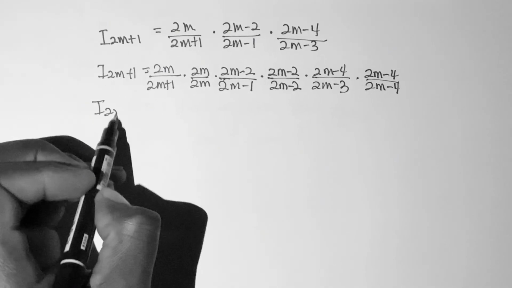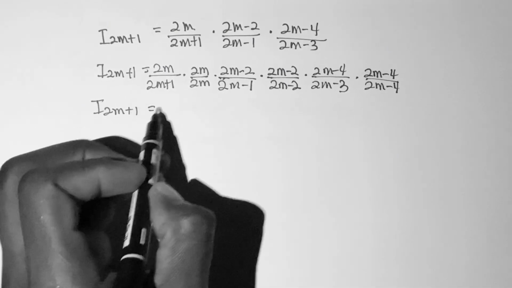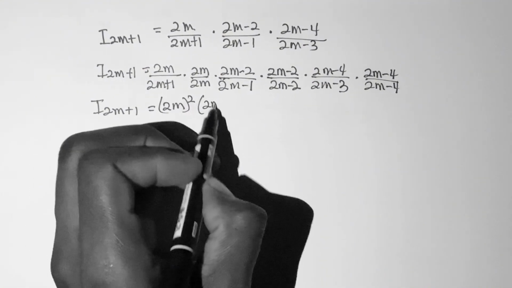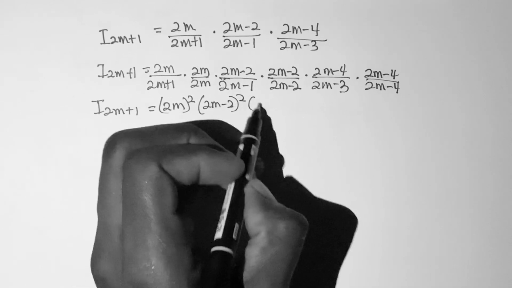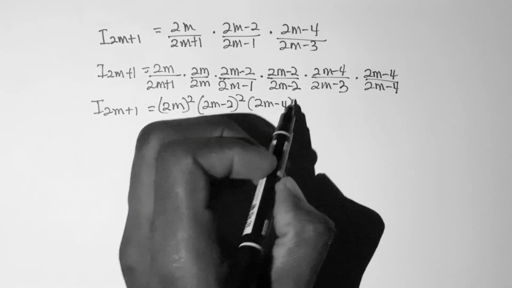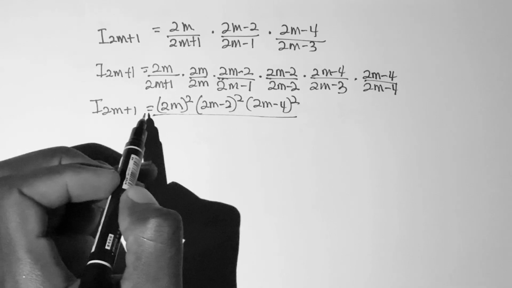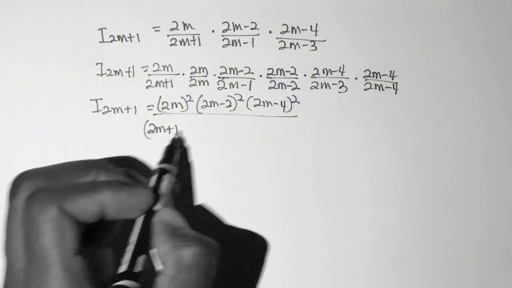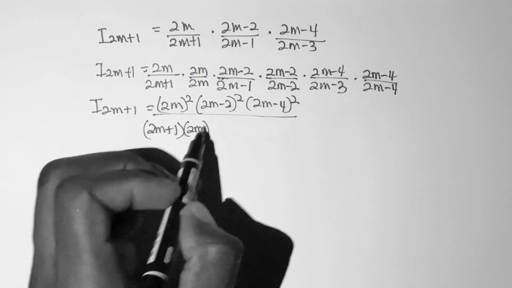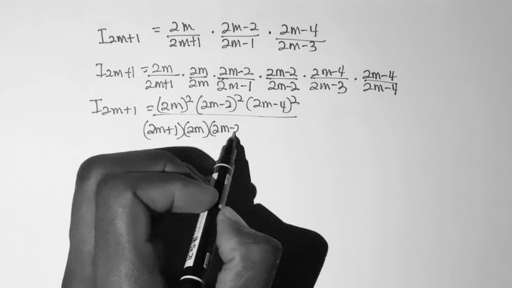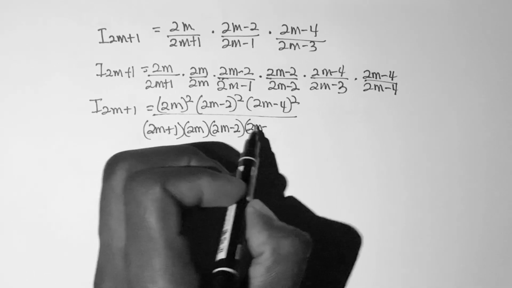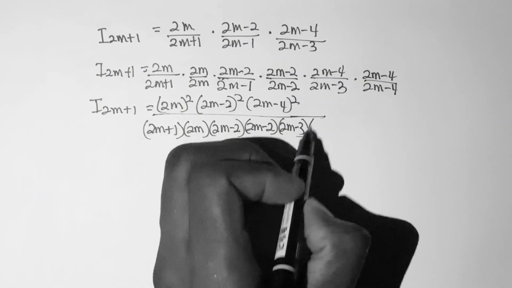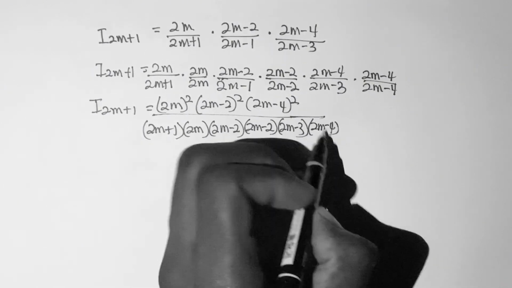So I of 2m plus 1 is equal to, the numerator becomes 2m squared, times 2m minus 2 squared, times 2m minus 4 squared, divided by the denominator 2m plus 1 times 2m, times 2m minus 1 times 2m minus 2, times 2m minus 3, times 2m minus 4.